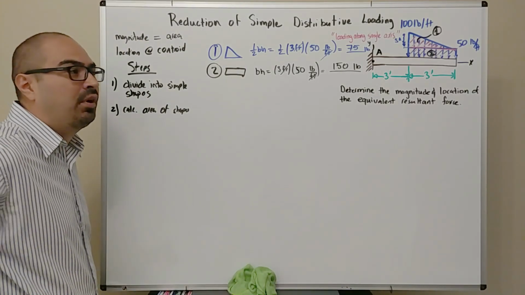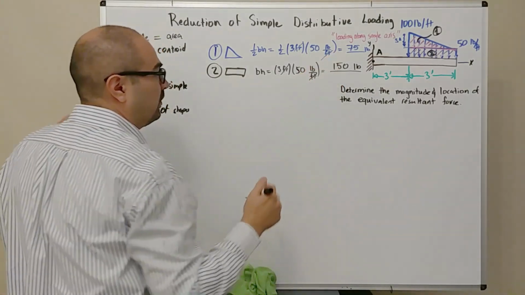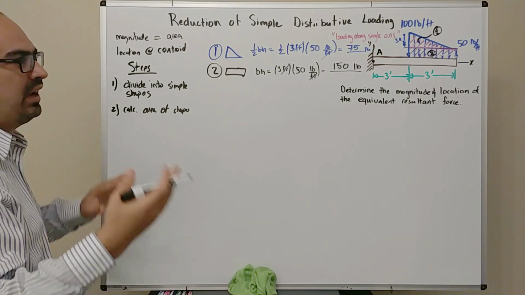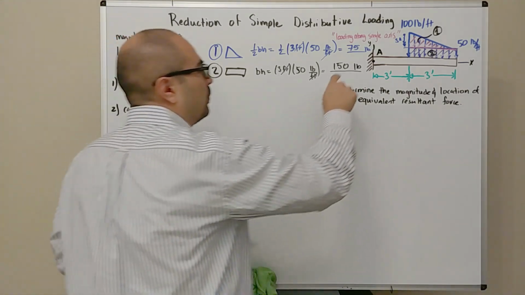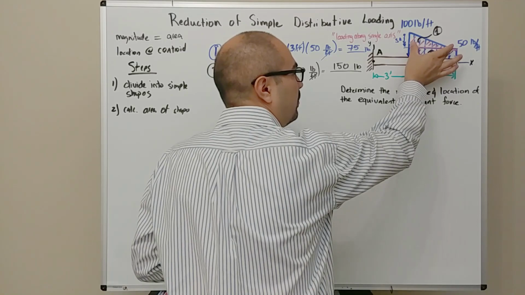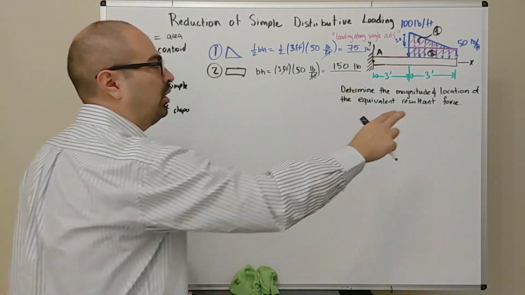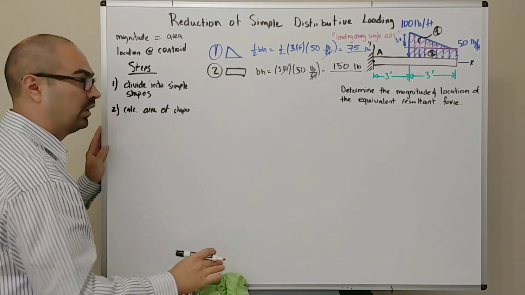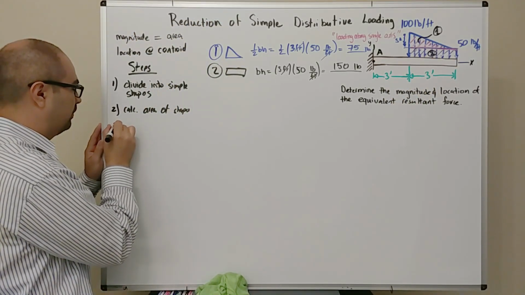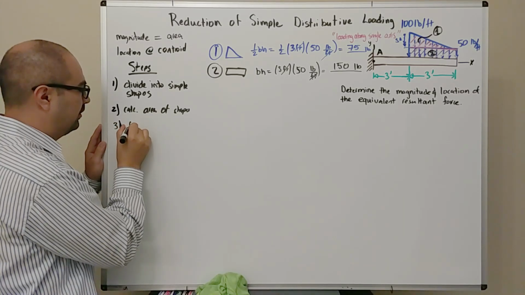So now that we have calculated the areas, the next step is going to be to calculate the location, right? Where that force from the distributed loading for the triangle and the rectangle is going to act upon the beam. So step 3 is find the location.